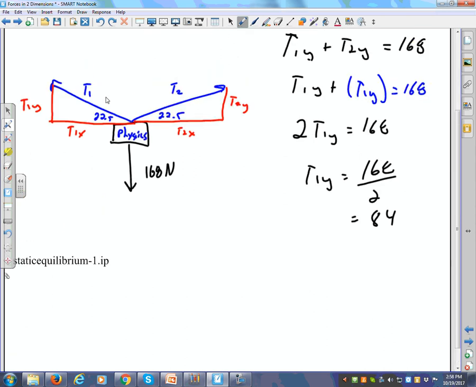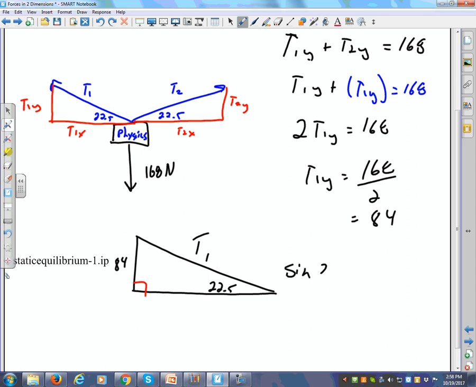So how am I going to get T1 out of T1y? Well, let's just redraw this triangle, a bit bigger. You don't have to do this every time. This is going to be 84. This angle here is 22.5. This is the tension we're trying to find. What kind of triangle do I have? A right triangle. Sine, cosine, tan. I got the angle, I got the opposite, and I'm looking for the hypotenuse.